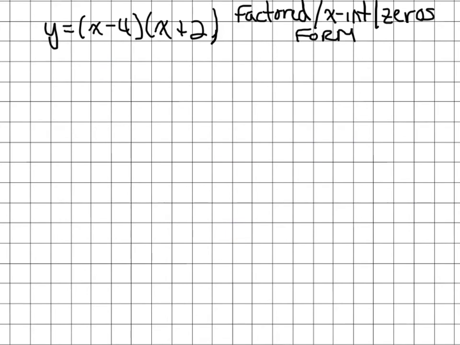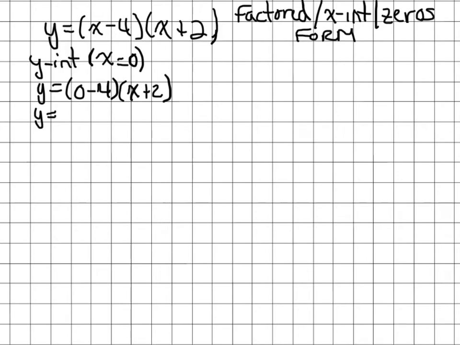Okay, so now we'll look at factored, or x-intercept, or zeros form, and see what properties we can get from that. So starting again with the y-intercept, so this is when x equals 0. So I substitute in 0 for x. So we have minus 4 times 2, which is minus 8, as expected.